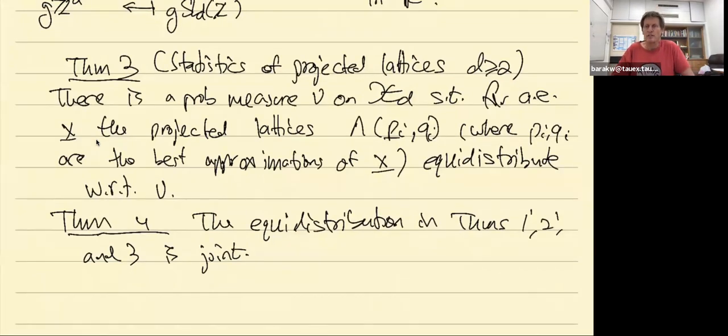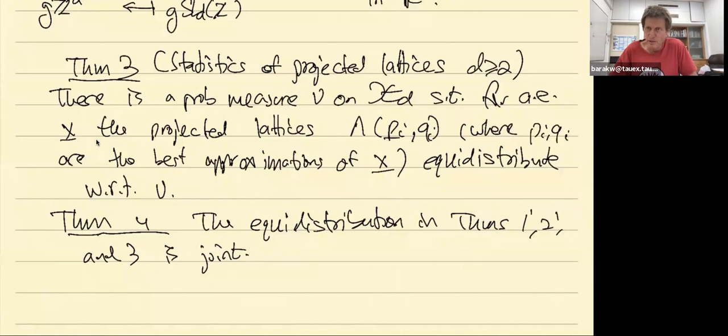We do something else. We choose a direction x, we get best approximations, and we're talking about the projected lattices arising from these best approximations. So that's just explaining where the motivation for this theorem comes from.